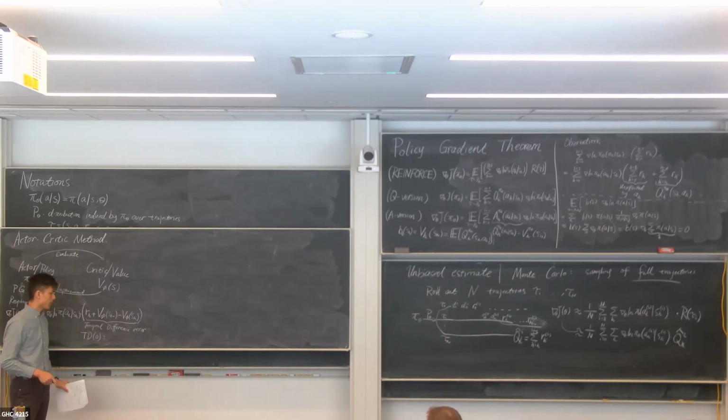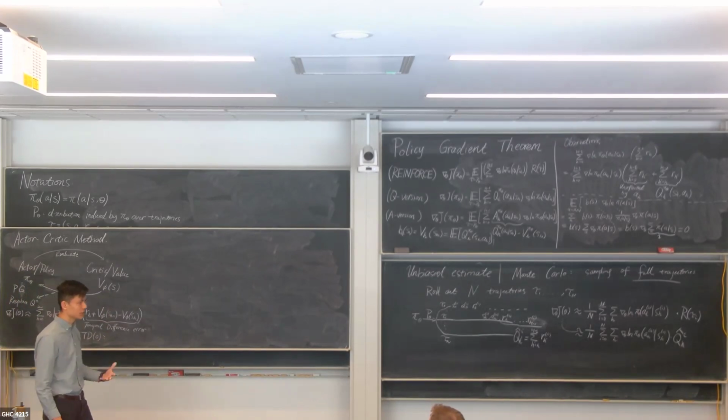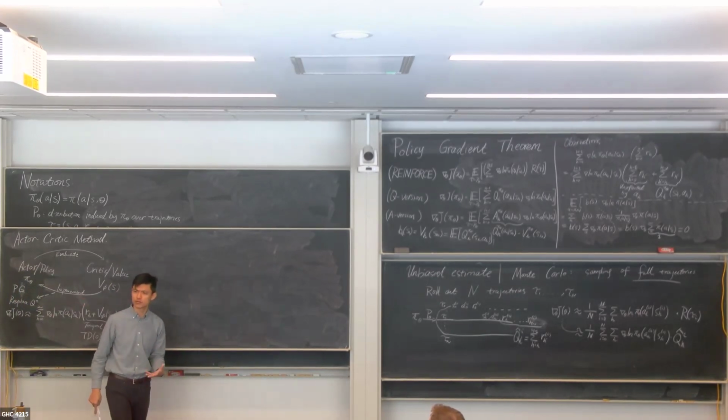Well, it's hard to estimate the advantage. I have some critic that's imperfect. So temporal difference is the idea that I pretend that I have valid estimates now. In statistics, that's usually called bootstrapping. Have people heard of this word, bootstrapping?